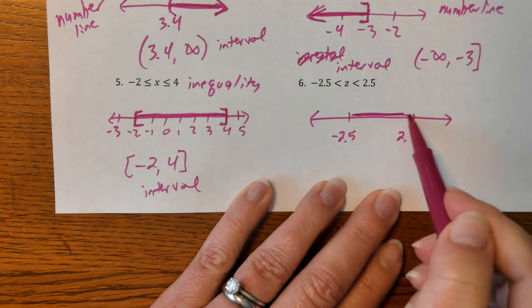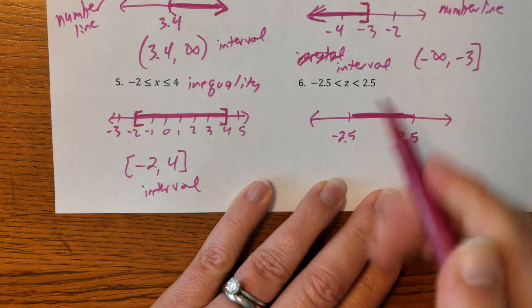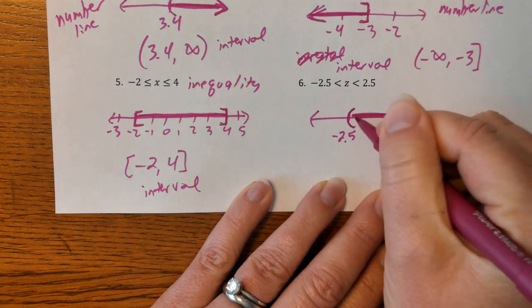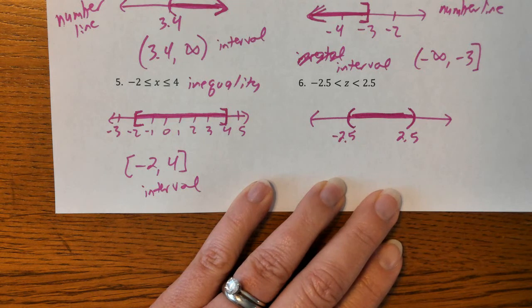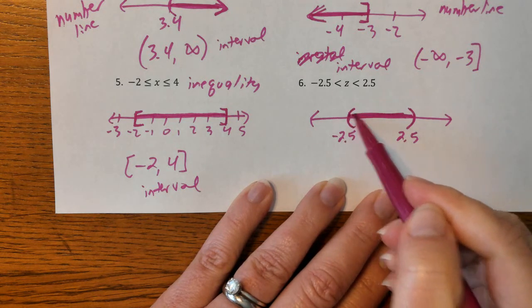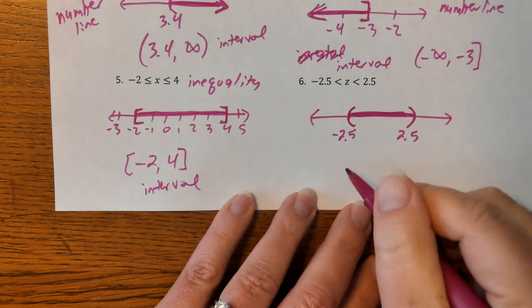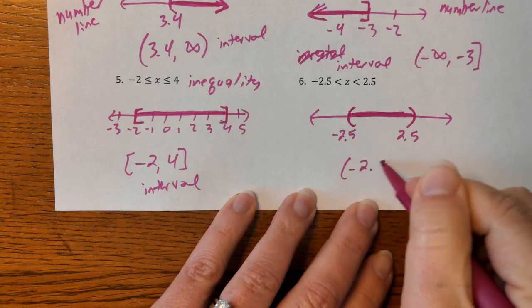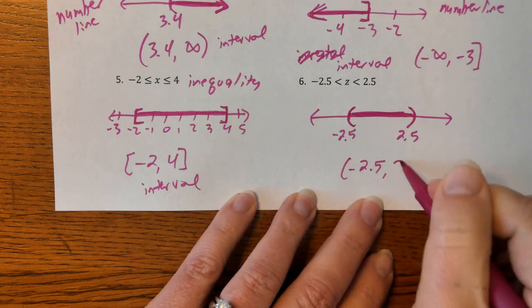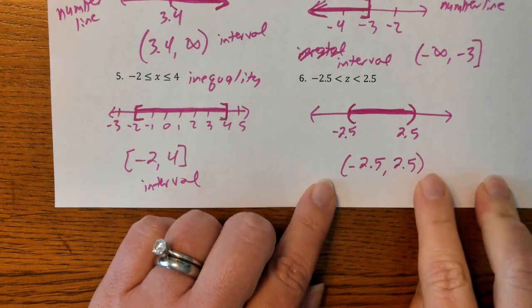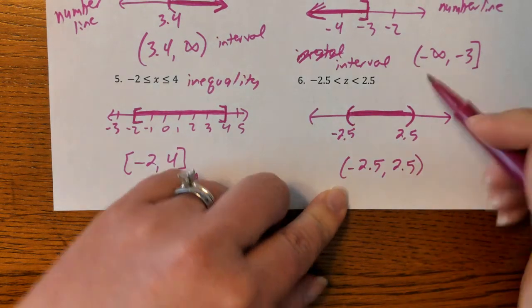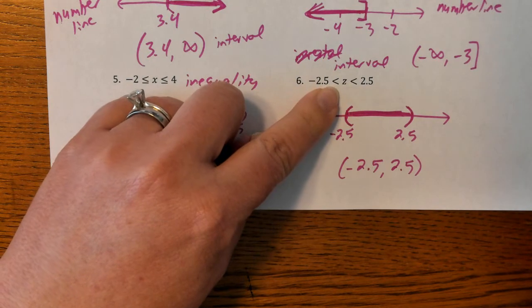So even though we're still shading in between those numbers, we're going to parenthesis the number line rather than bracket. We cannot equal those numbers. They're going to be in parentheses. So our interval, we're shading from negative 2.5 to positive 2.5, and they're going to be parentheses, not brackets. They're parentheses because we did not have equal to symbols.